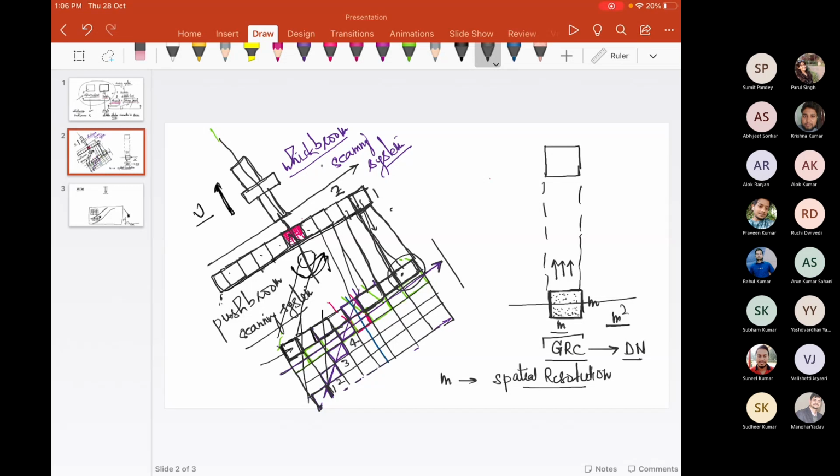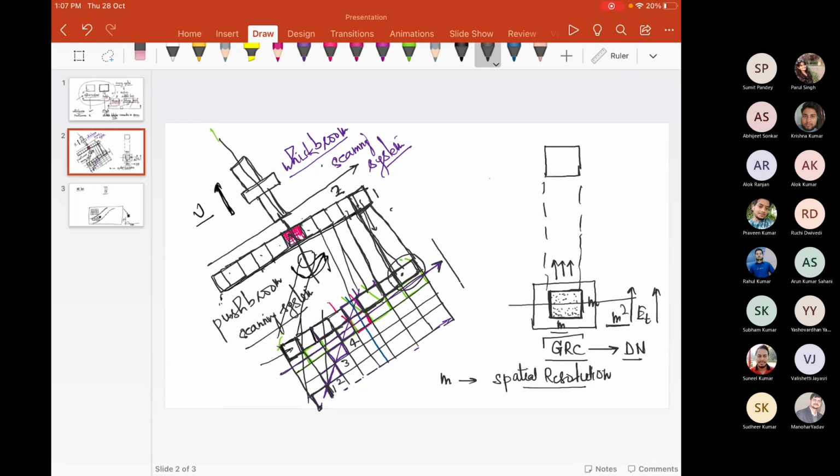So if you increase the area, the total outgoing energy will increase because there are now more interaction points. It is clear that by increasing M square, the total outgoing energy from the target is increasing.